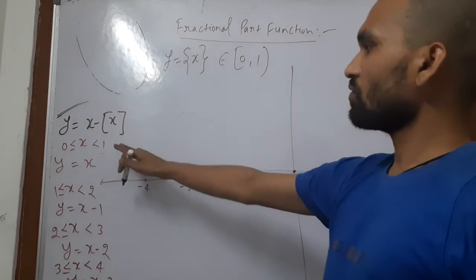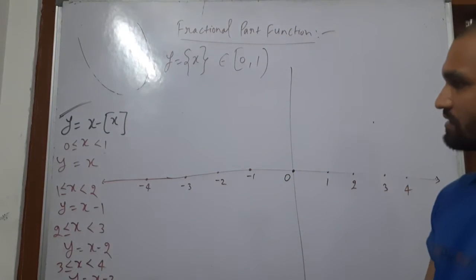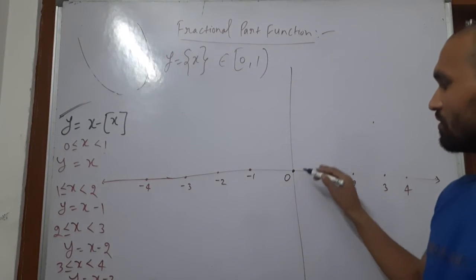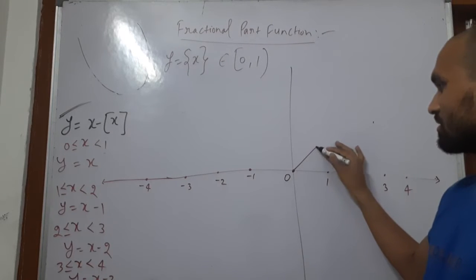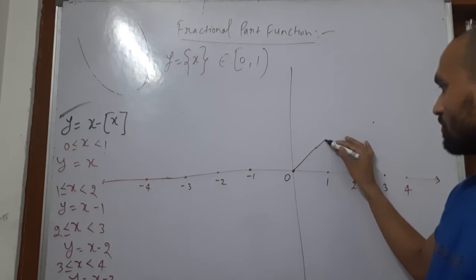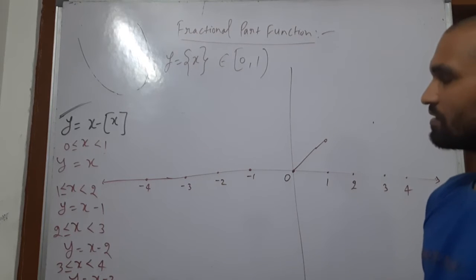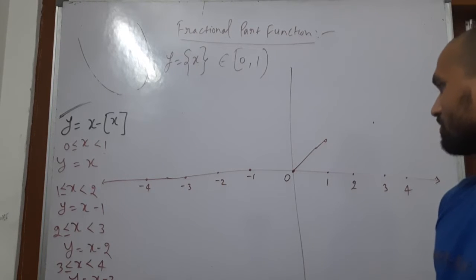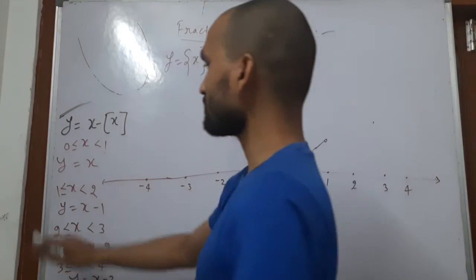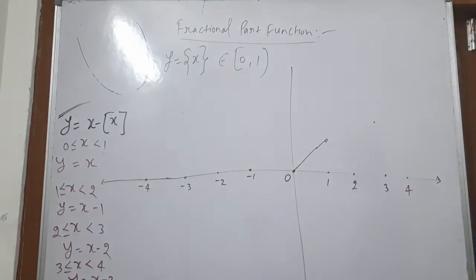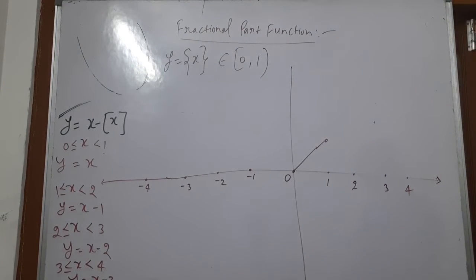If we take closed 0 to open 1, then what is the graph? y equal to x. The y equal to x line is such that at 1 it is open because 1 is not included here. After that, if we take x closed 1 to open 2, our line is y equal to x minus 1.